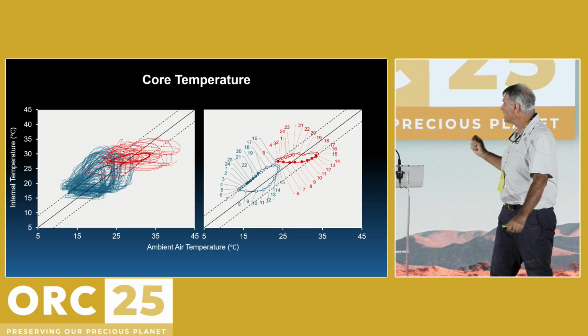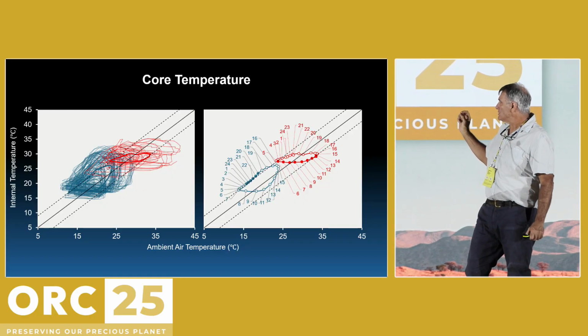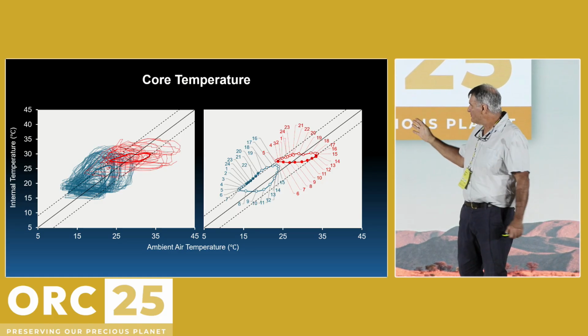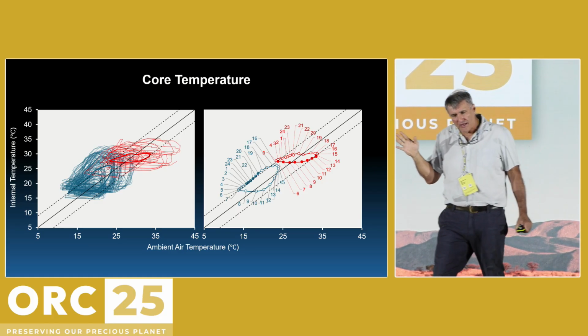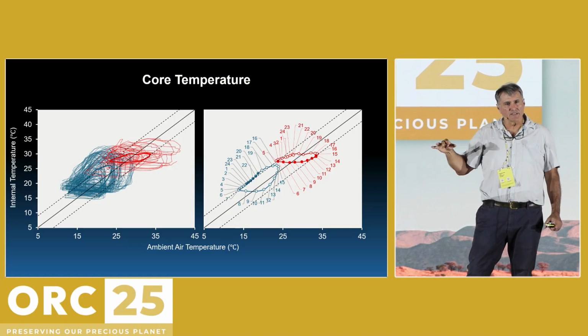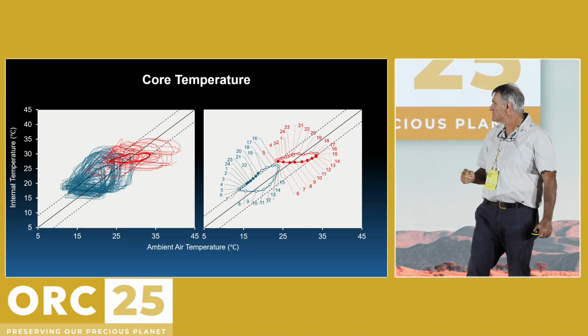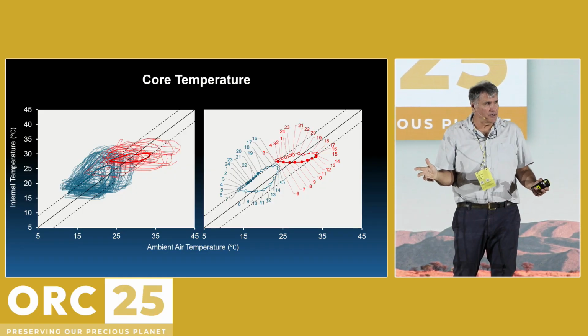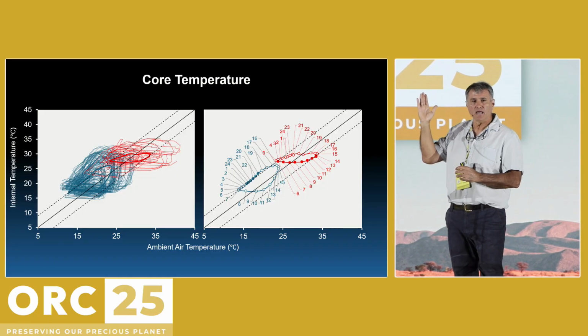Winter is very interesting. What we see is that as the day temperature increases, the crocodile temperature doesn't increase initially. So up until about 10 o'clock or 9 o'clock in the morning, the sun is up, but the crocodiles are not getting any warmer. And then suddenly they warm quite rapidly.